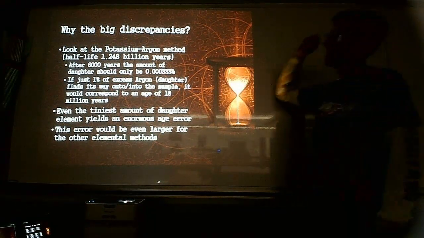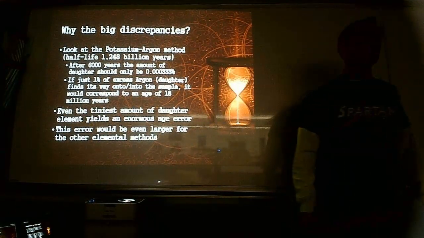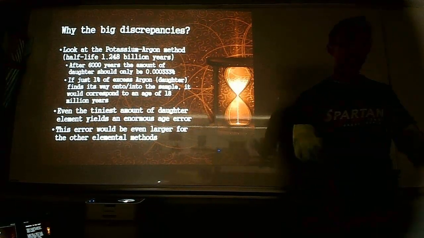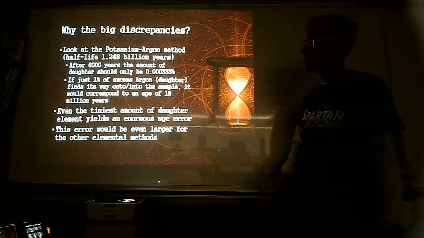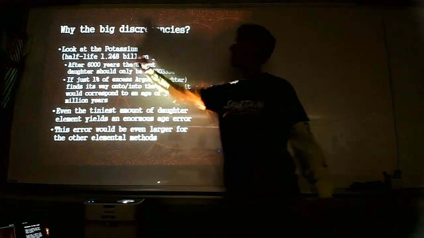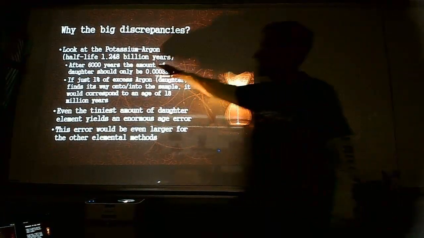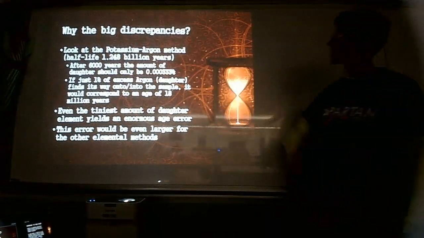And if you have just the slightest amount of daughter contaminating that sample that you can't account for in your methodology, your numbers are going to be way off. We use the potassium-argon method to date rocks and lava rocks, and that's the shortest of those time scales.